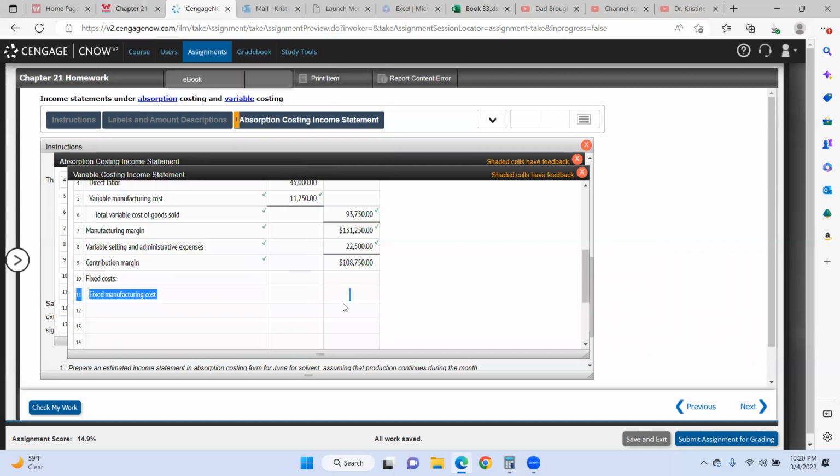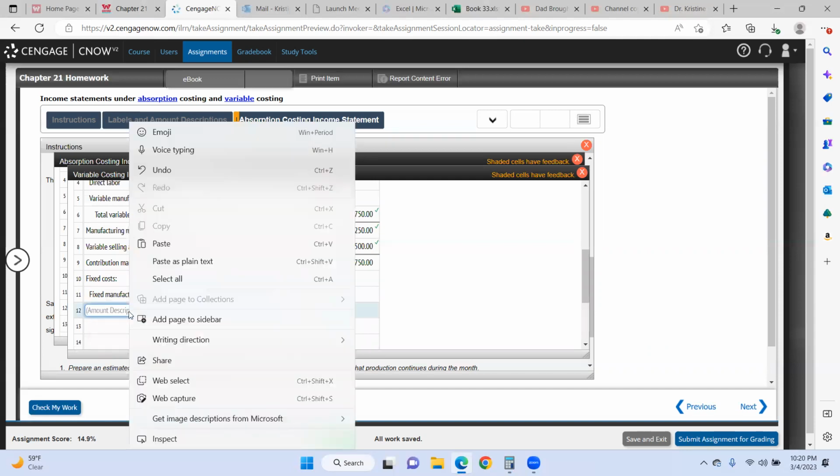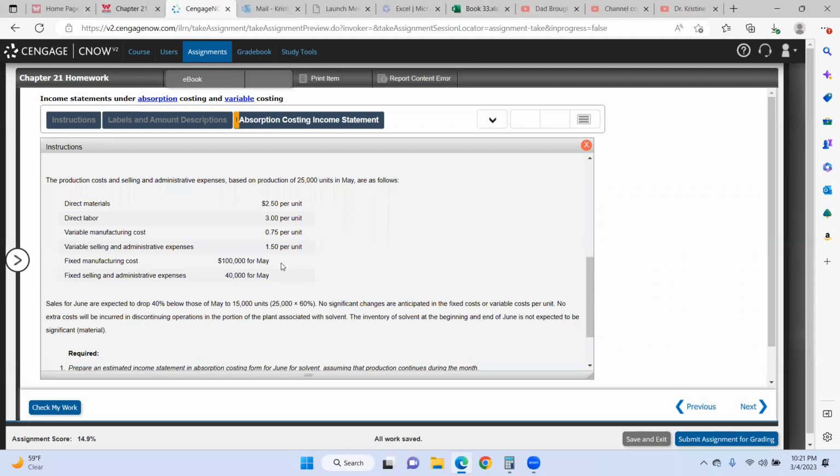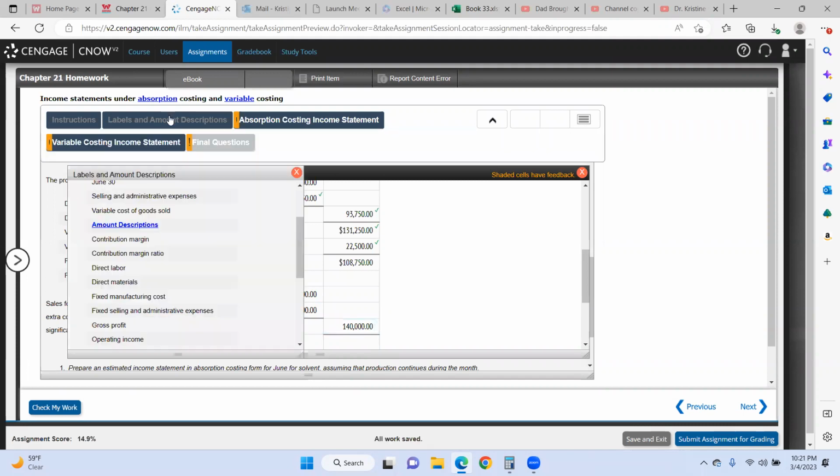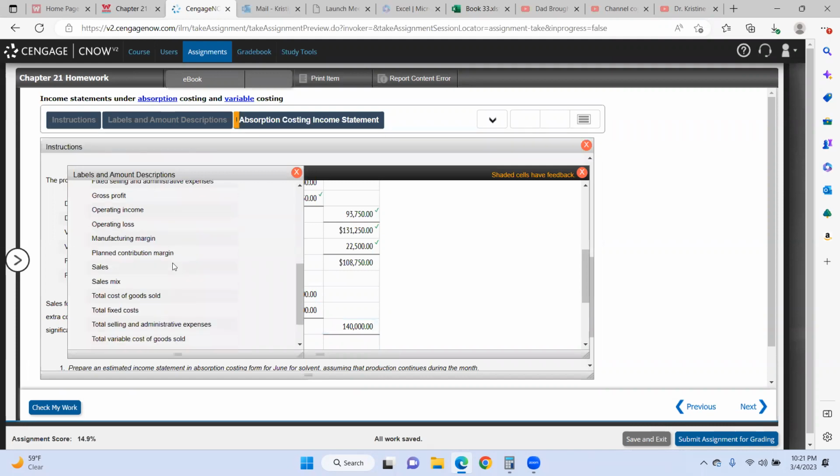I think the other one was 40,000 or something like that. I'll double check in the instructions again. Yep, I was right. Who'd have thunk? So in here, I'm going to put my 100,000, and my 40,000. And my total is going to be 140,000. This is going to be our total fixed cost.